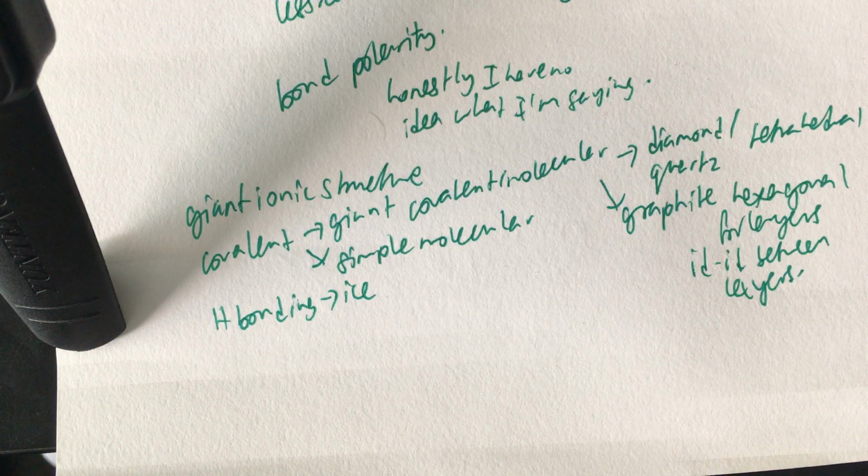It can be a decently big giant structure as well. And then metallic bonding is also somewhat a giant structure. But instead of simply things being bonded to each other, you have the cations in a crystalline structure and all the electrons floating around, a sea of electrons.